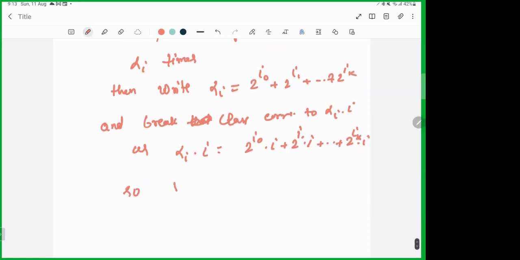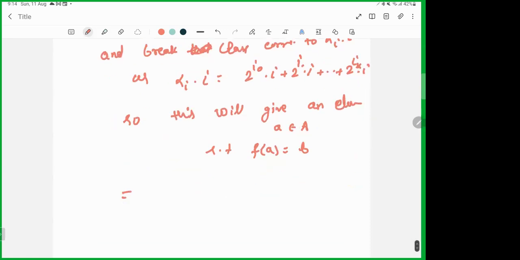So this will give an element a belonging to A such that f of a is b. This implies f is surjective.